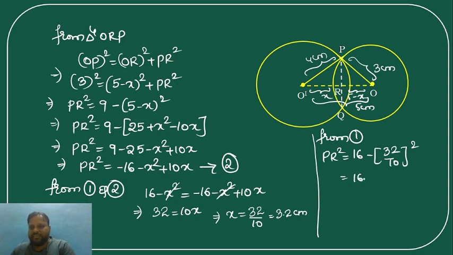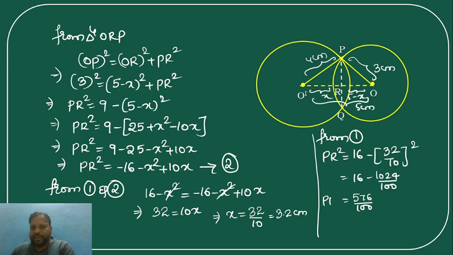So when you go for 32 whole square, it is 1024 by 100. So when you take the LCM and simplify, it is 1600 minus 1024 by 100, right? So 1600 minus 1024 will be 576 by 100.